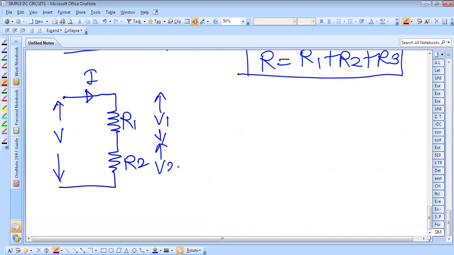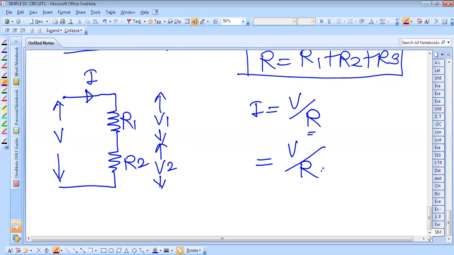The voltage across this is V2. Now here the current I is equal to V upon R. What is this R? R is nothing but the total resistance. So V upon total resistance is nothing but the addition of R1 plus R2. This is equal to R. So what is the voltage drop across R1?